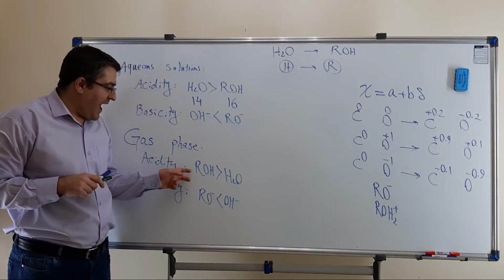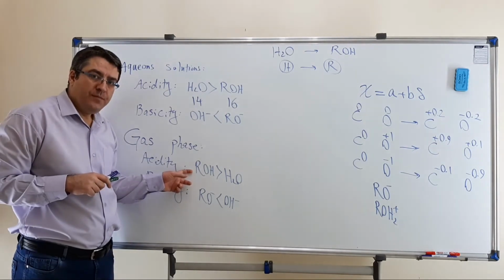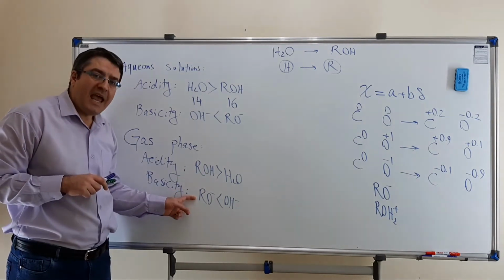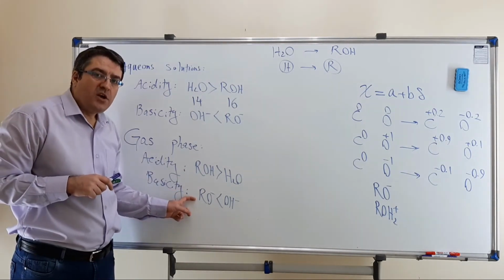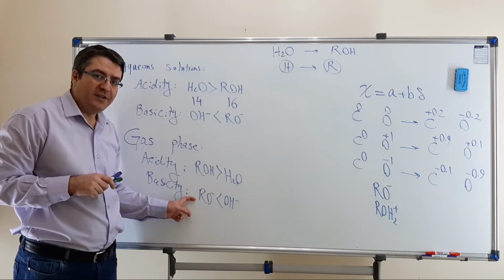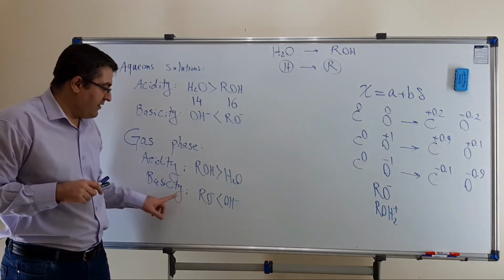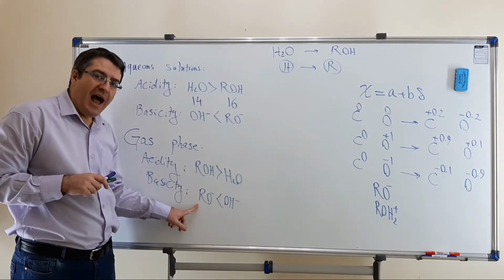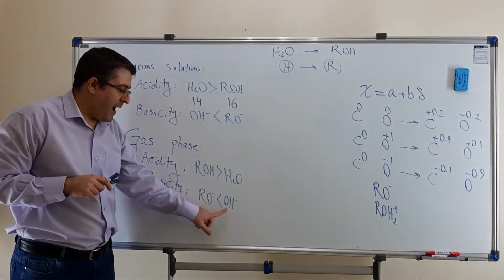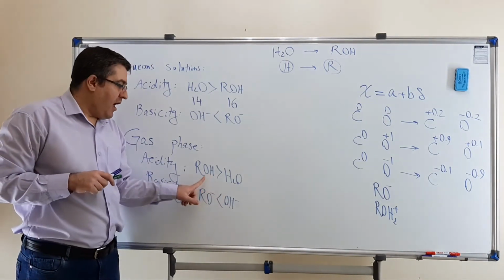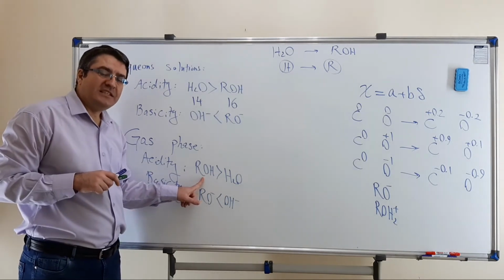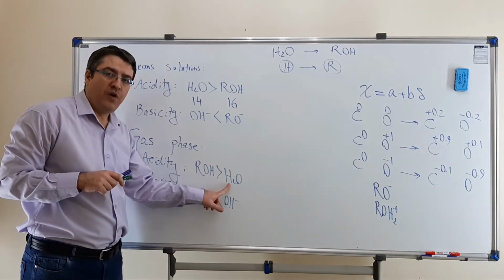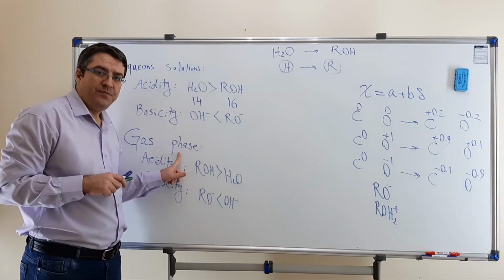In the case of acidity of alcohols, alkyl groups stabilize the conjugate base, which is an anion. Therefore, they reduce the basicity of alkoxides in comparison to hydroxide. On the other hand, they increase the acidity of alcohols in comparison to water in the gas phase.